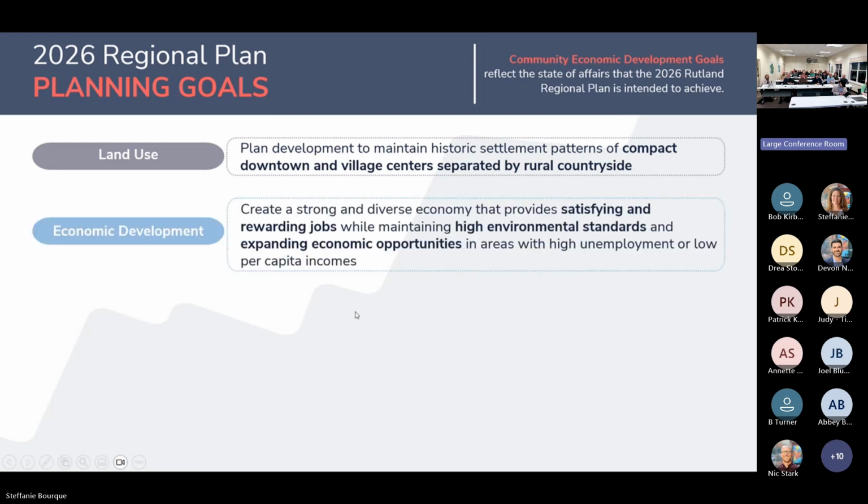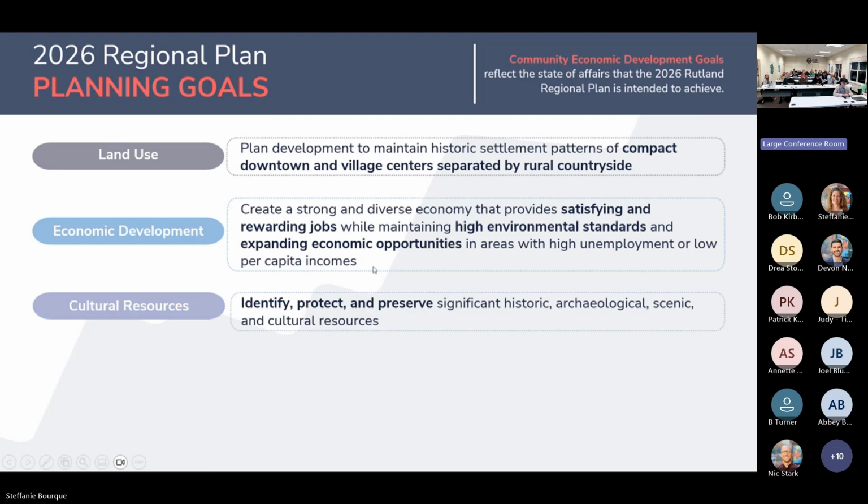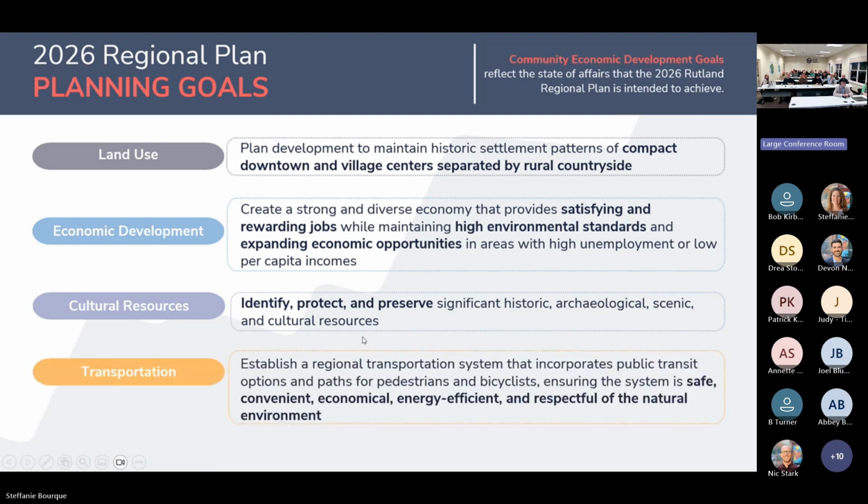For economic development, it's to create a strong and diverse economy that provides satisfying and rewarding jobs while maintaining high environmental standards and expanding economic opportunities in areas with high unemployment or low per capita incomes. For cultural resources, our goal is to identify, protect, and preserve significant historic, archaeological, scenic, and cultural resources.